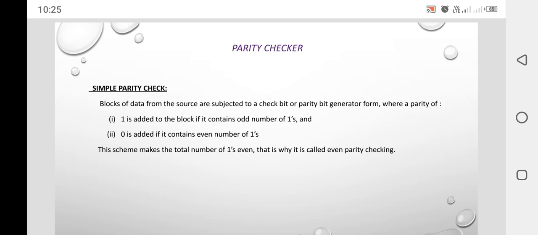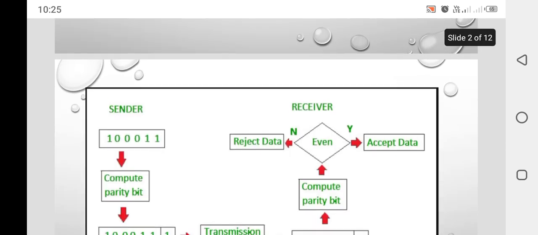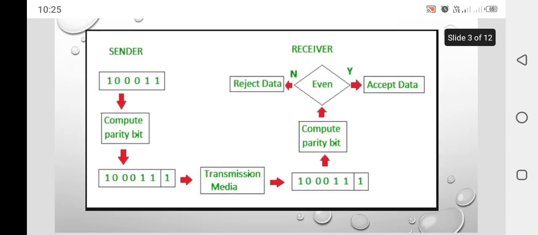Let me see through the example. Here the sender sends data 1000111. The sender data has only 3 ones. So we have to compute the parity bit, that is 1, to make it an even number of ones. It is transmitted through the transmission medium, and the data received by the receiver is 1000111 along with the parity bit.